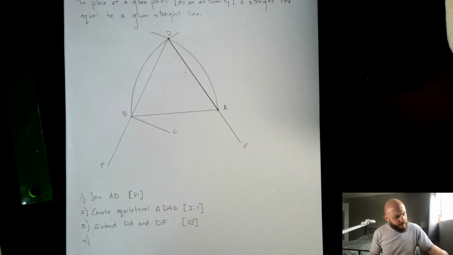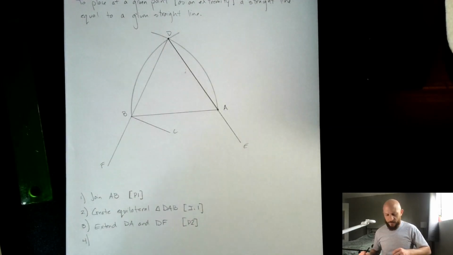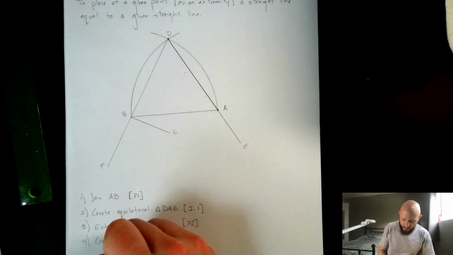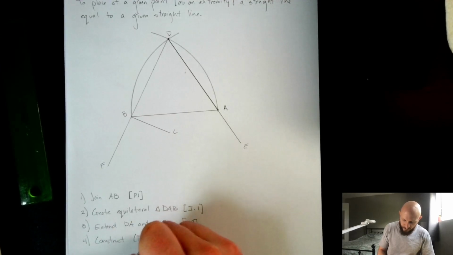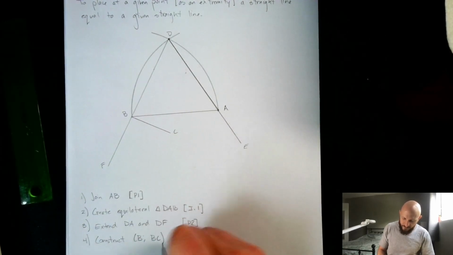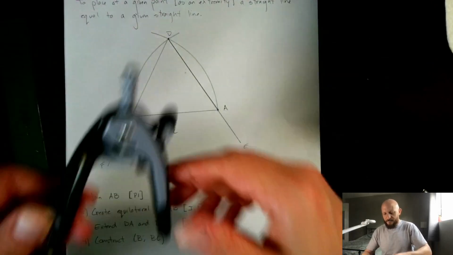All right, next, looks like we're going to make some circles with center B and distance BC. In other words, we're going to construct the circle with center B and radius BC. That's what's meant by distance BC.